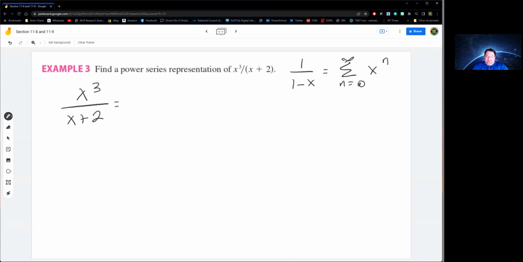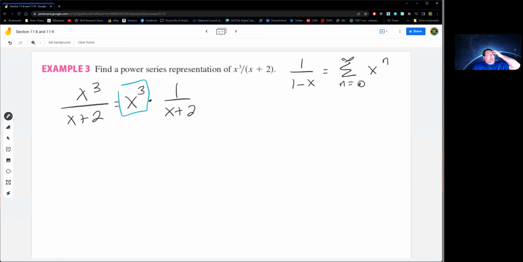So I can change this to x to the third times 1 over x plus 2. Because this piece right there is a constant. It's not being raised to the nth power or anything else like that. It's actually just to the third. So I can pull that x to the third right out of the entire problem to start with. And I don't need to worry about it in terms of that actual piece up there. So we're going to leave that x to the third alone for a little bit, and we're just going to deal with this 1 over x plus 2.